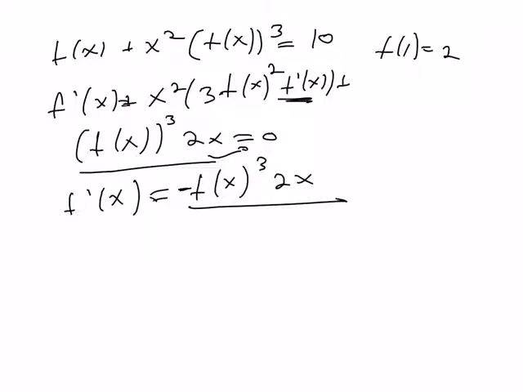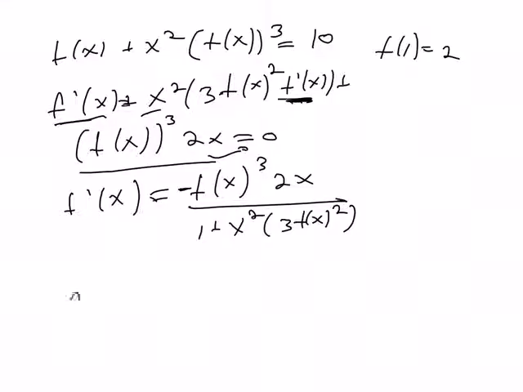divided by, oh wait, so we have an f of x here, we have an f of x here and an f of x here, so it's 1 from here plus x squared times 3 f of x squared.